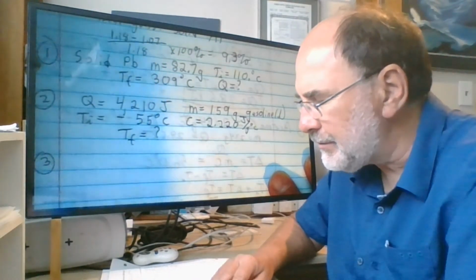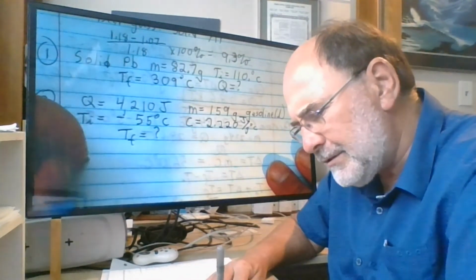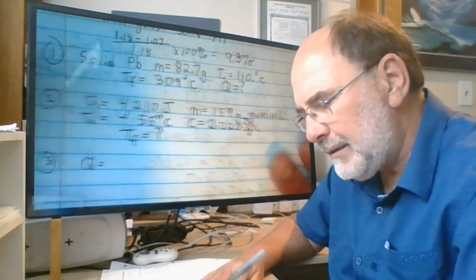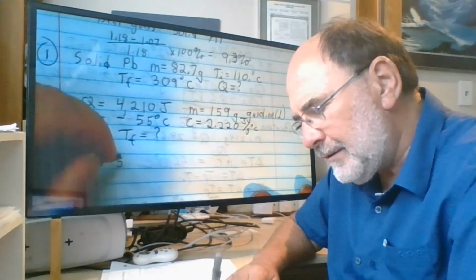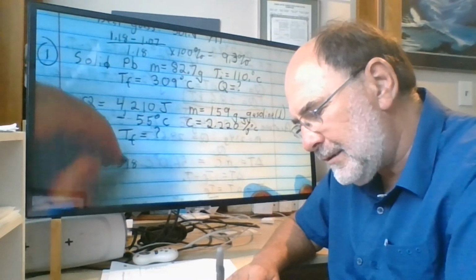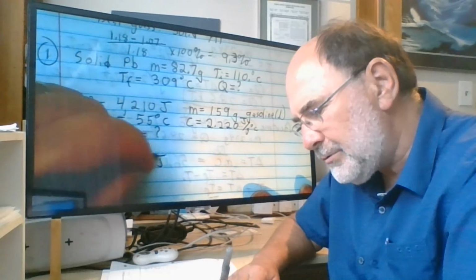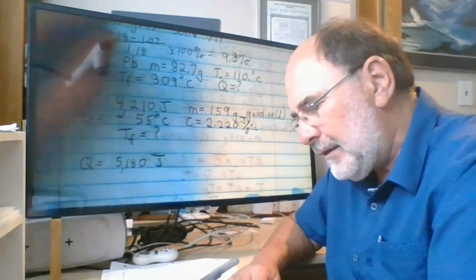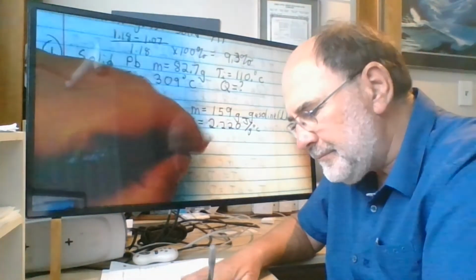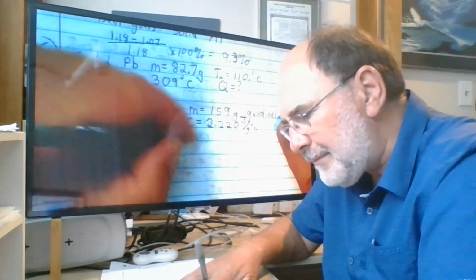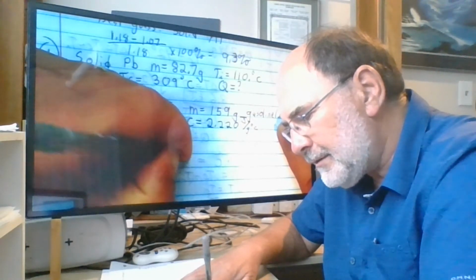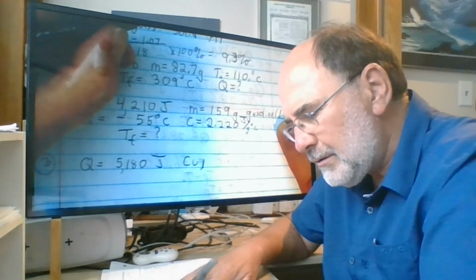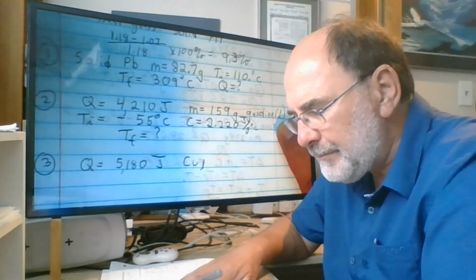Is that right? Yeah, sure, mass. So I have a heat energy of, let's see, May 18th, so 5 for the month and 18, and just add a 0: 5180 joules. I have a substance of copper, and let's make it liquid copper. I forgot what I'm solving for.